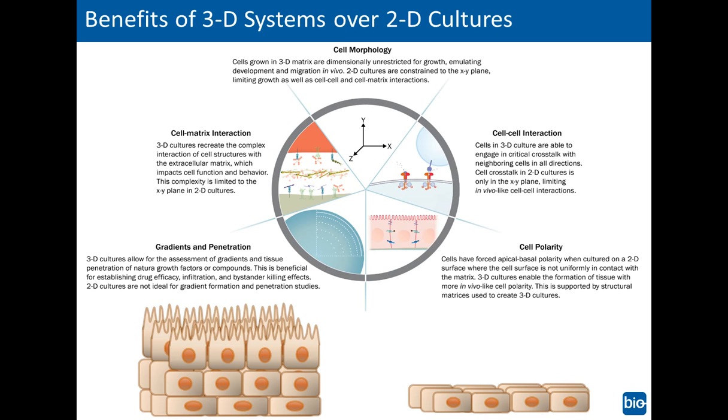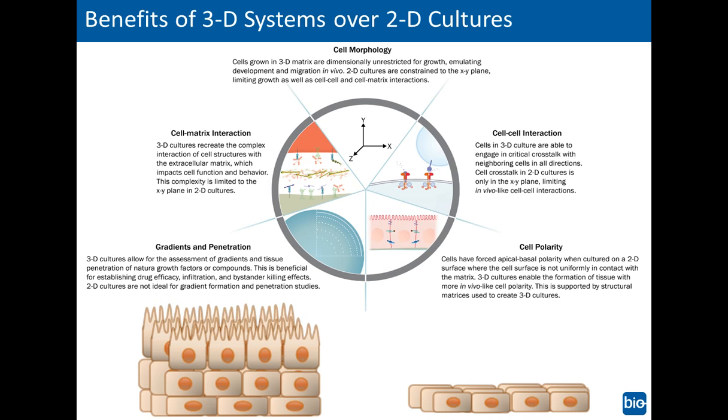And this will affect the shape and the physiology of the cells as compared to 2D model systems where the cells are really in just this flat planar surface. They're only talking to each other in the XY axis, so only on the sides, and they're only talking to the matrix in the cell culture on the substrate below them.